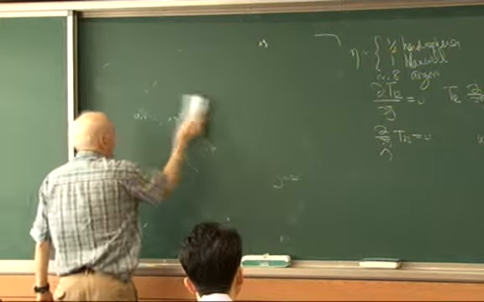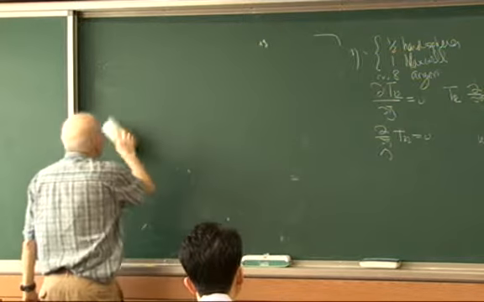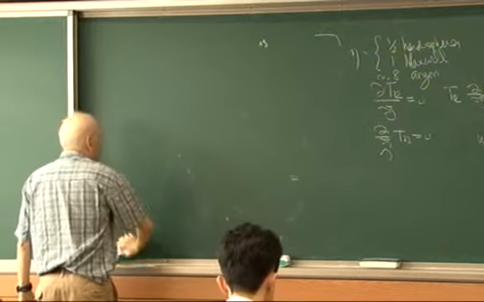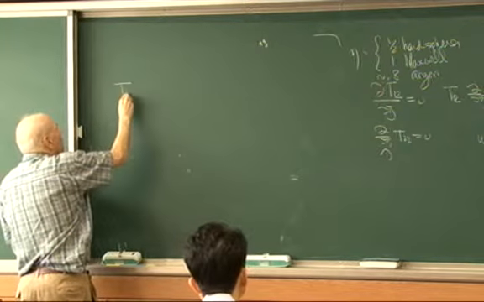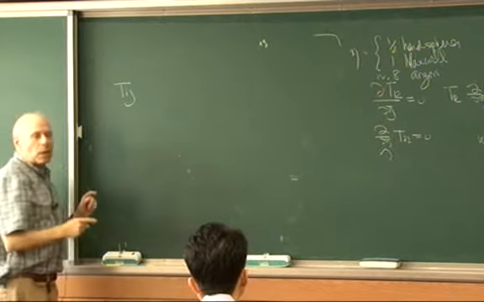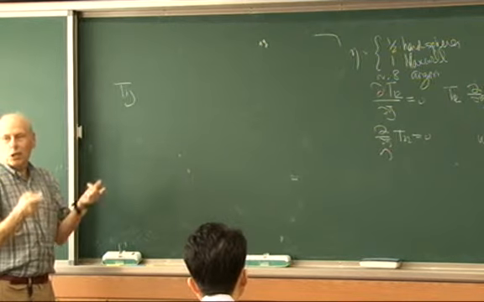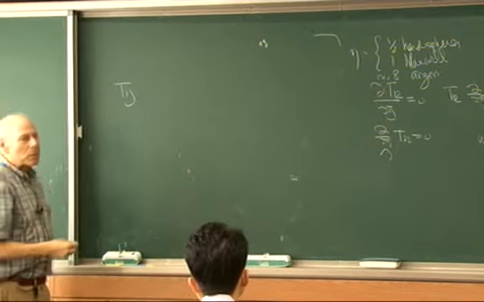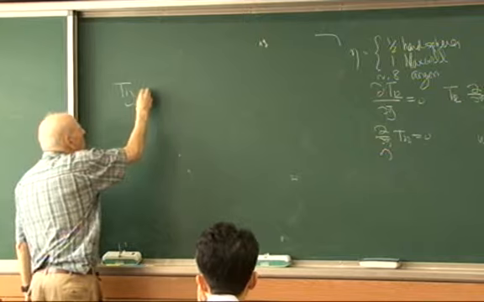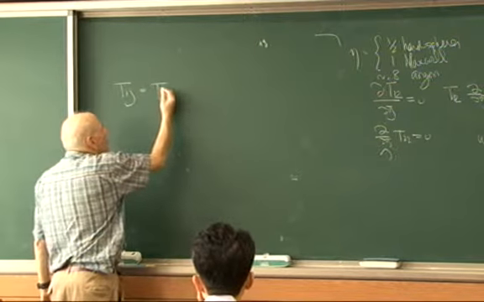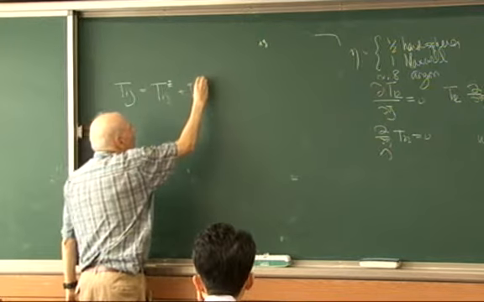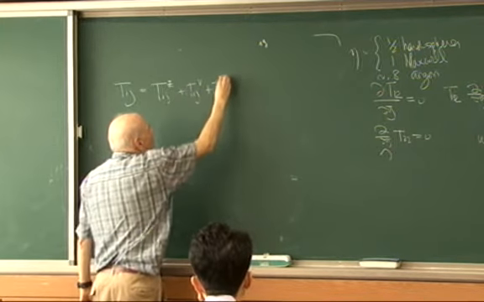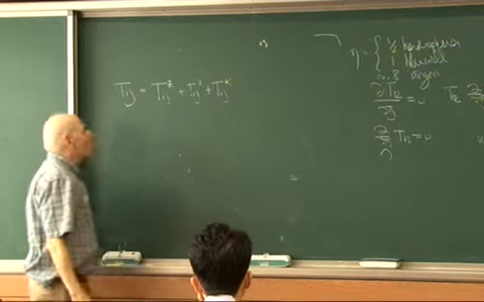Now I have to copy the equations. Tij is a tensor. If you don't like to think about tensors, in this case it's just a 2 by 2 matrix. It has pieces: the elastic piece, the viscous piece, and what I call the quarterback piece.